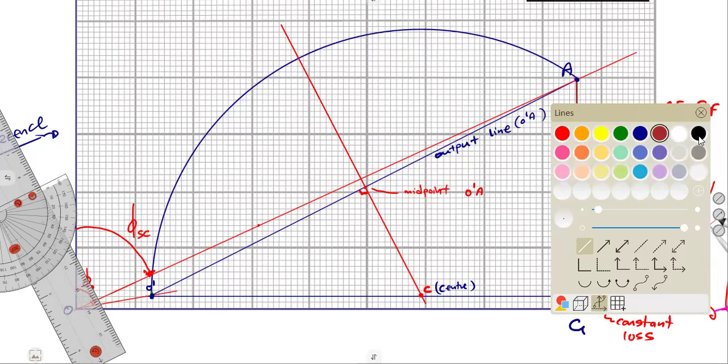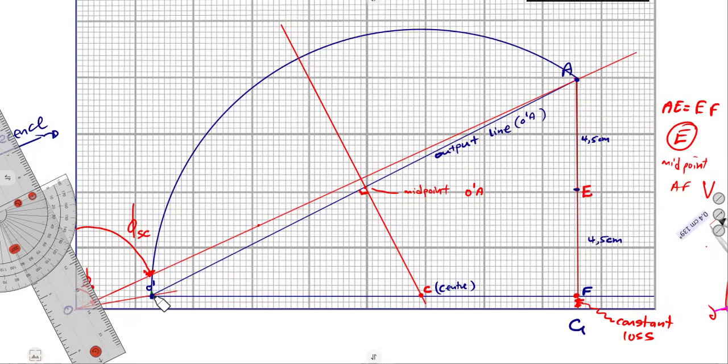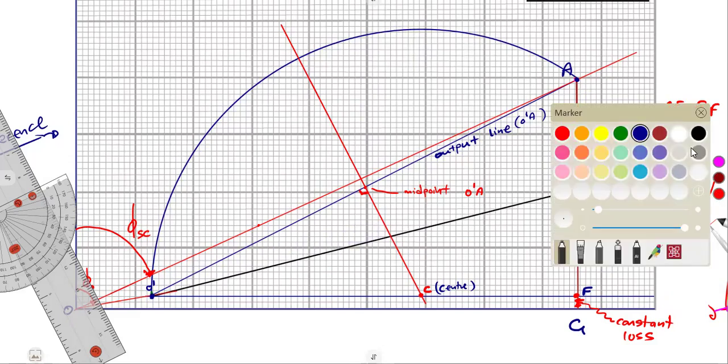So we can join from our point O bar to point E. That line is very important in our calculations as it represents the torque line.